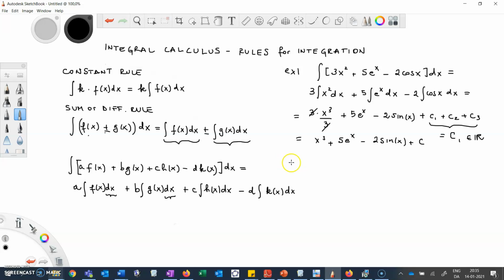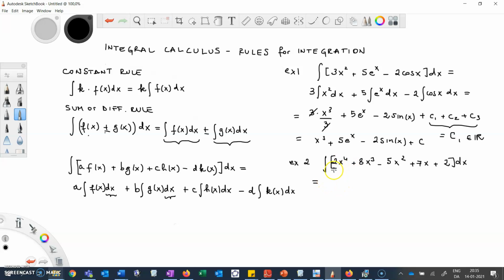Now, example number 2. Let's say that I want to solve the integral of 2x to the power of 4 plus 8x to the power of 3 minus 5x to the power of 2 plus 7x plus 2. Again, I'm doing a little bit the same. Here I have a polynomial of degree 4, so every time I integrate, I suspect that I will go up 1 degree, right?